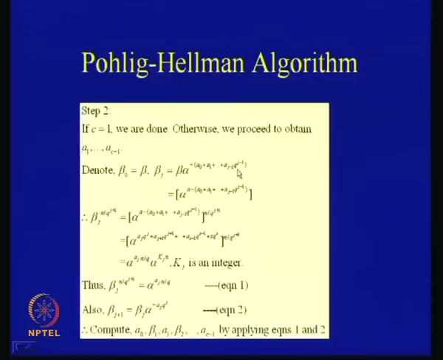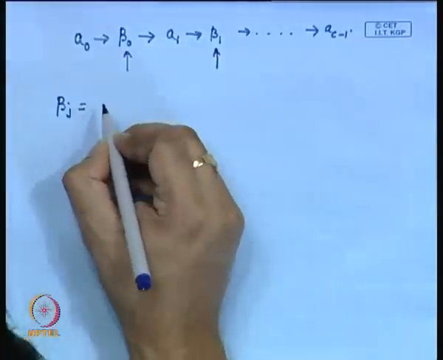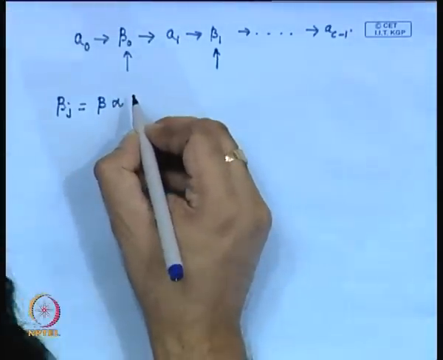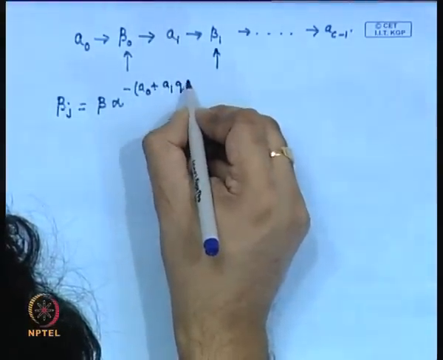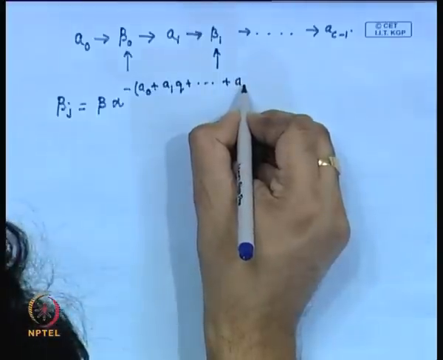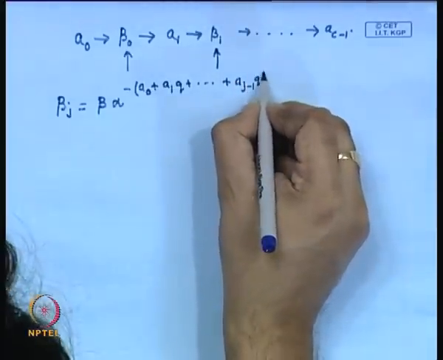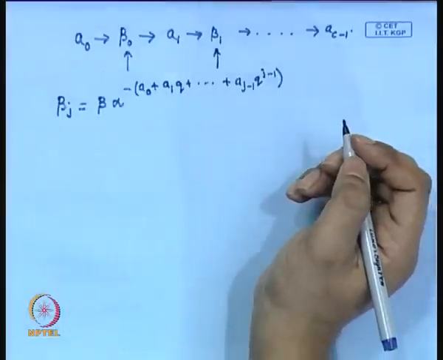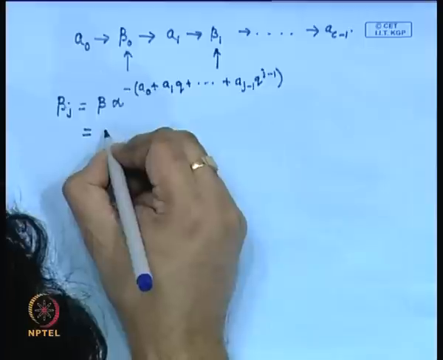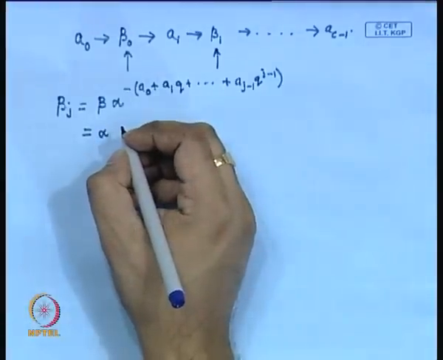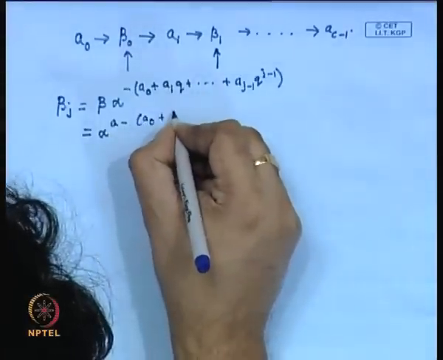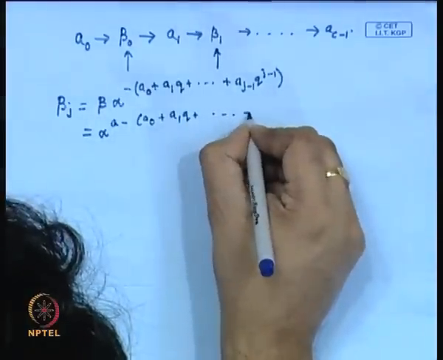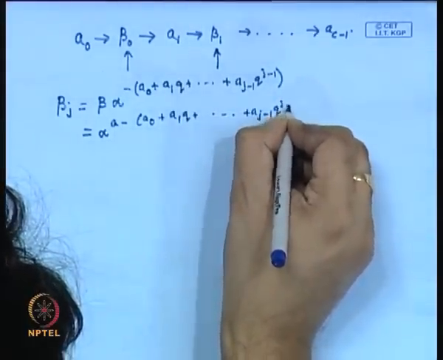Note that beta is nothing but alpha power of A, so beta j is alpha to the power of A minus (A0 plus A1 q plus so on till A(j minus 1) q^(j minus 1)).